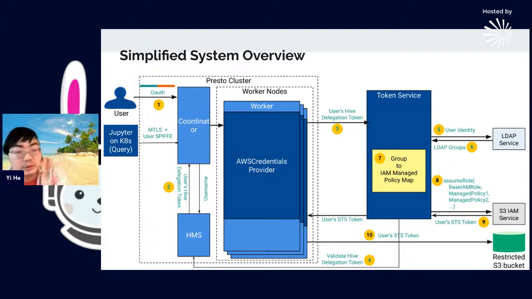When they need to read data from S3, they check with a remote service we call the token service to get back an STS token for temporary data access. The STS token is generated based on the LDAP group the user is in, and the managed policy attached to that LDAP group.